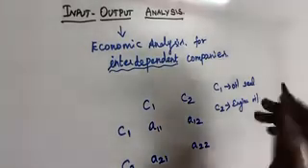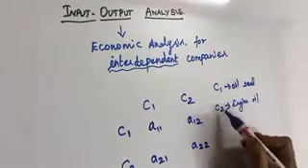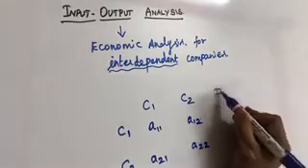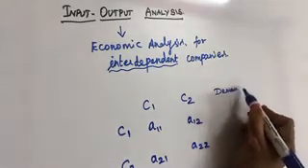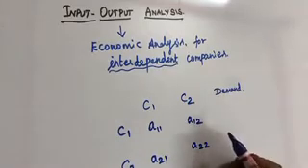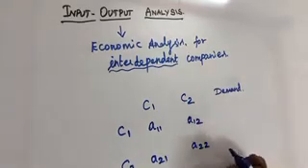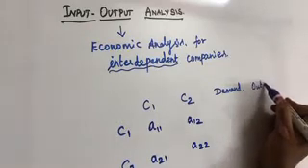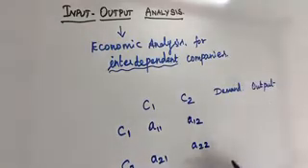And next, their demand. Demand means the products they need to manufacture in a particular period of time. Their demand and their output, everything will be included.